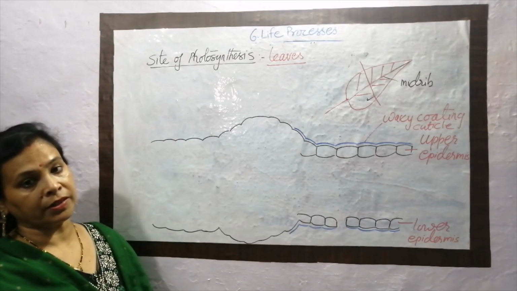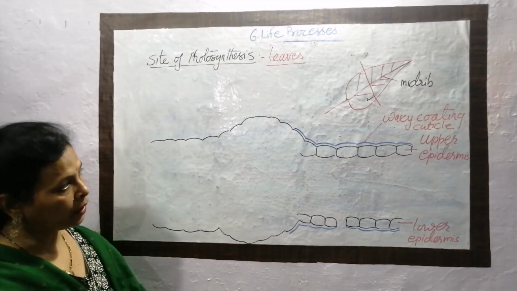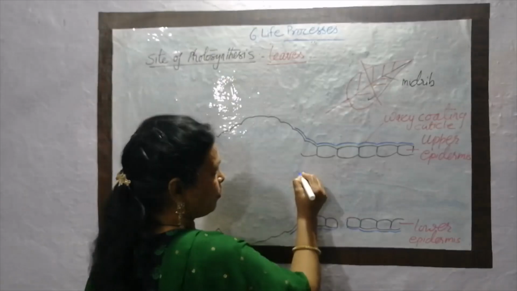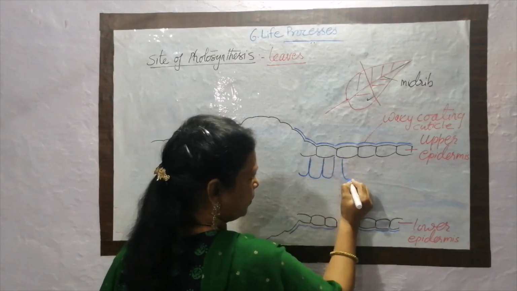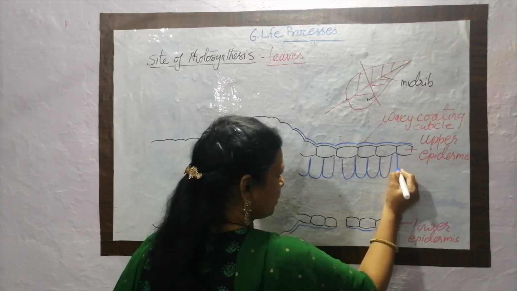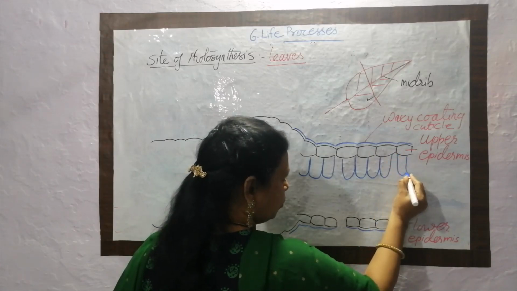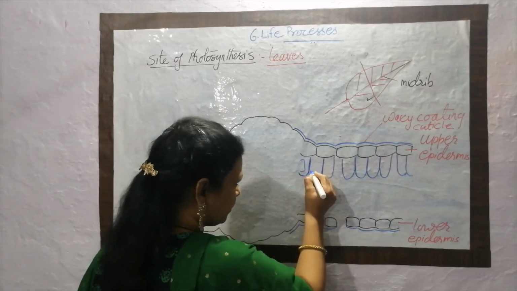Cuticle. But where is the place where photosynthesis is performed? The place where photosynthesis is performed is this. Actually, a row of columnar cells is present here, like this.